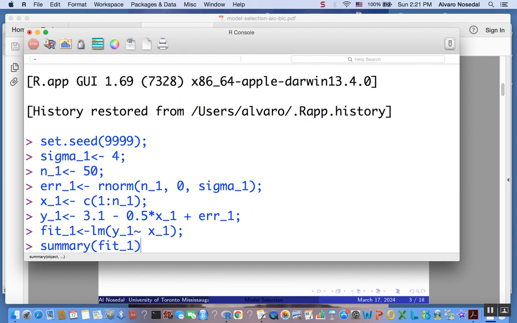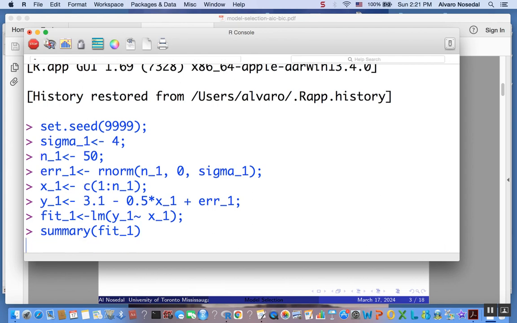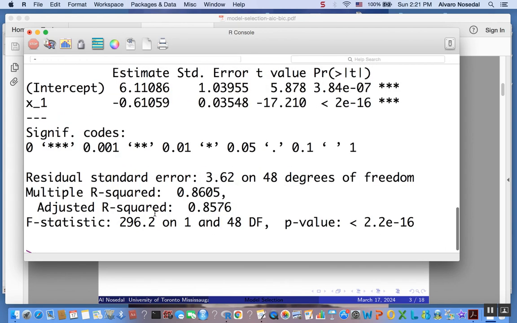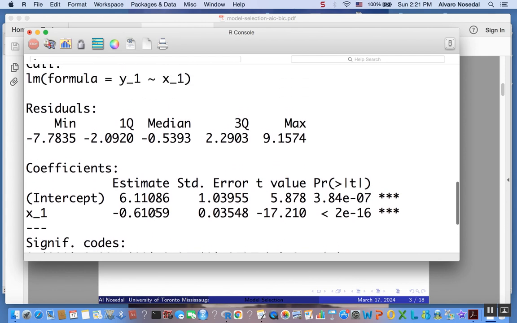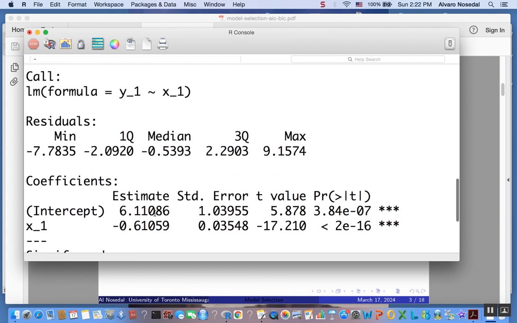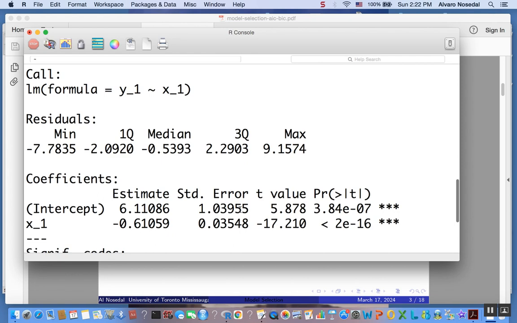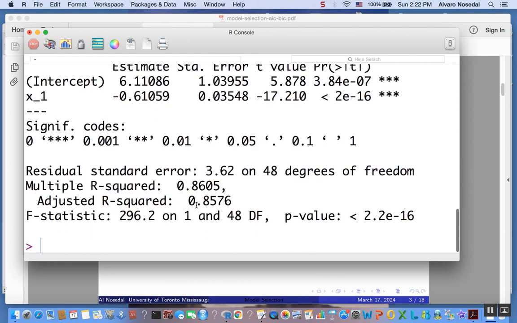Since we are particularly interested in the coefficients, you could add a $coef or just use this. If you do this, you have more information here, but the only one that we care about is this one here. Okay? So let me show you.